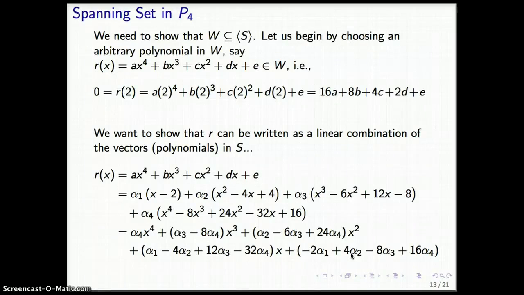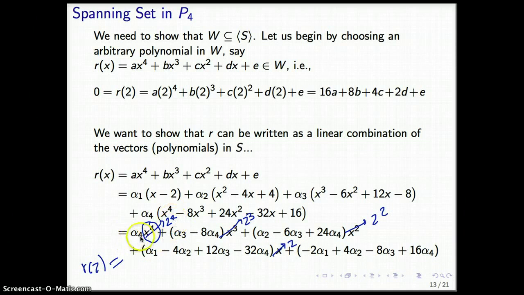So this leads to the following, because this is also the other way of interpreting that arbitrary element of W. What happens if we evaluate this at 2? That means we would have to evaluate each expression here, replace x by 2, so you have 2 to the 4th, 2 to the 3, and here you have 2 to the 2, here this becomes 2, and then there is no 2 over there.